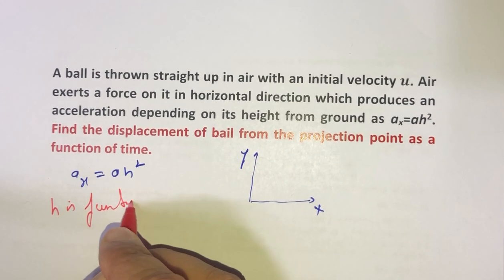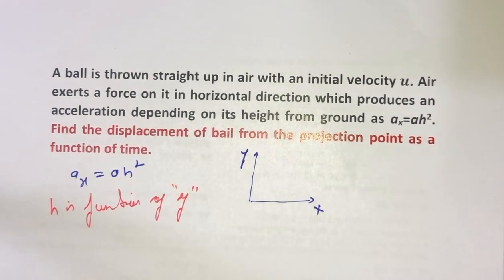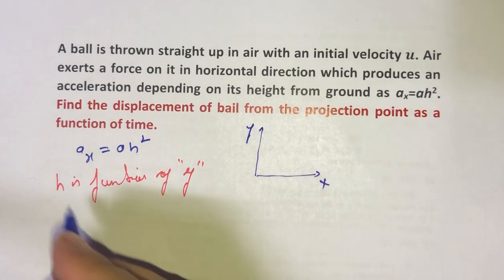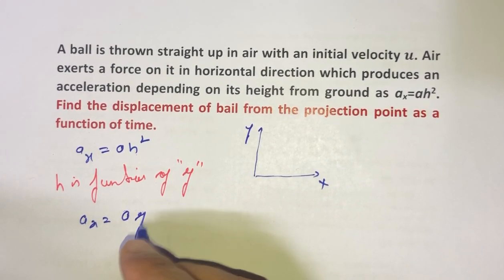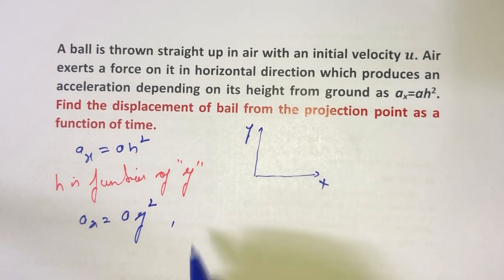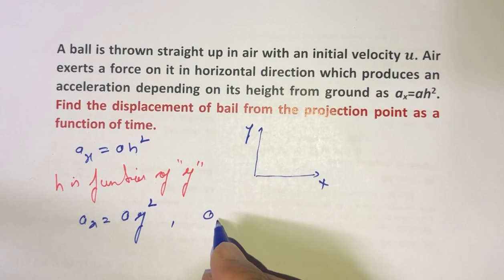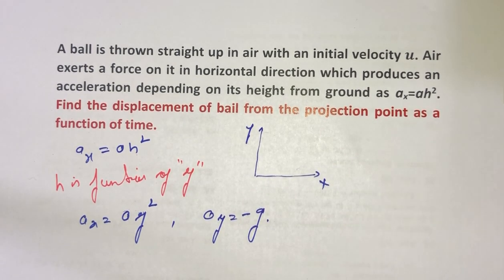So it means a of x will be equal to a y square, and also the acceleration in y direction will be given as minus g.